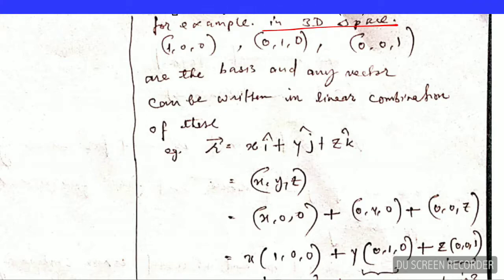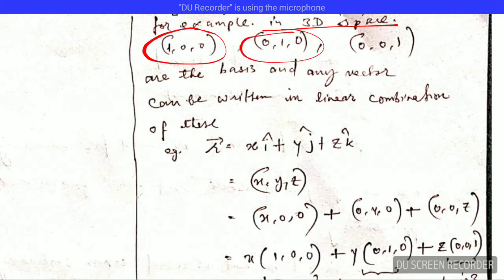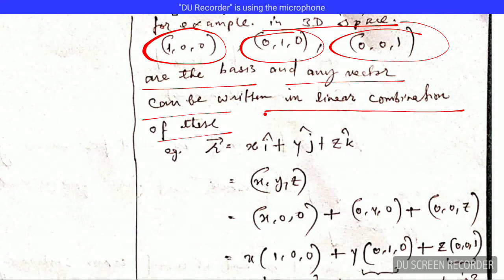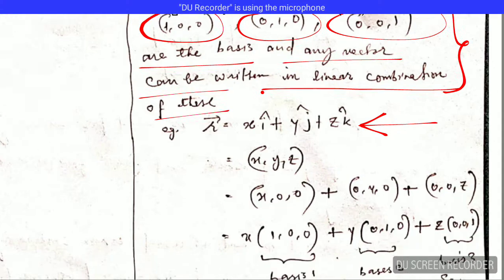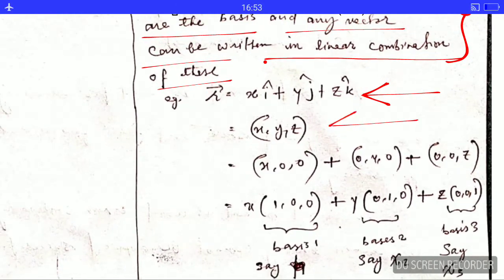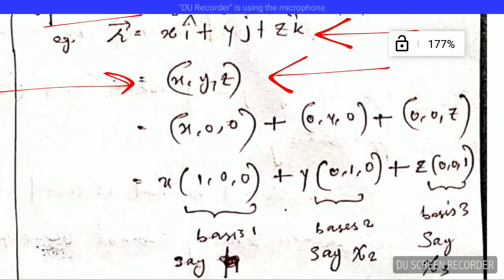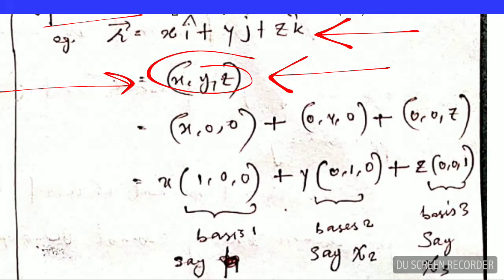In 3D space, (1, 0, 0), (0, 1, 0), (0, 0, 1) are the bases, and any vector can be written as a linear combination of these. Let me explain. This is the vector, as you already know. In short, it can be written like this, which is also the notation of the vector. Now this can be written in this form. If you add all these quantities, you will get this.